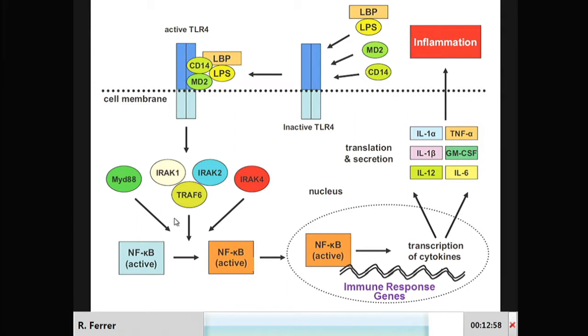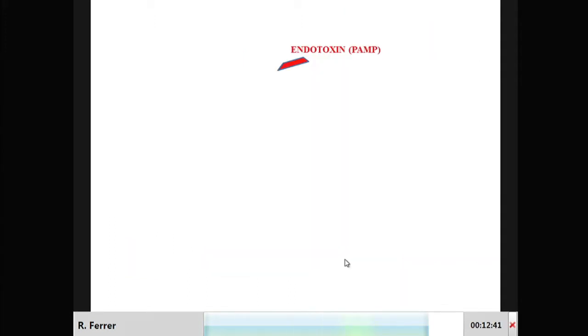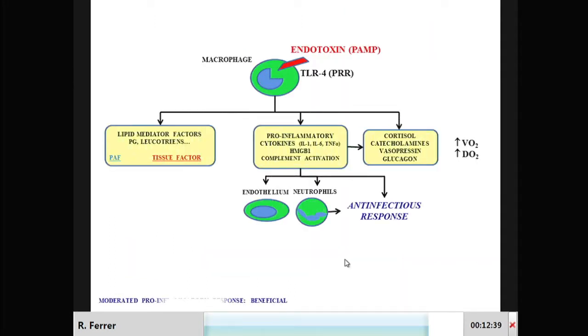This activation activates the nuclear factor kappa B, which is able to regulate the transcription of the genes that codify for the cytokines, with the release of the cytokines and the systemic inflammation. So again, here you have the endotoxin, the macrophage and the immune cells, the toll-like receptor, and the cascade of phenomena that take place after this recognition.